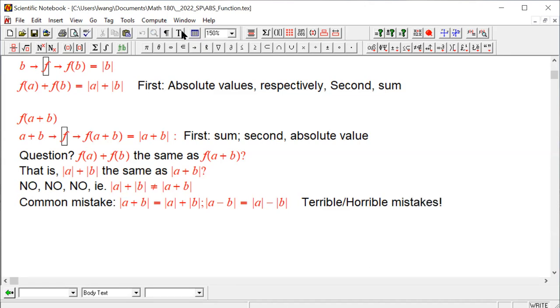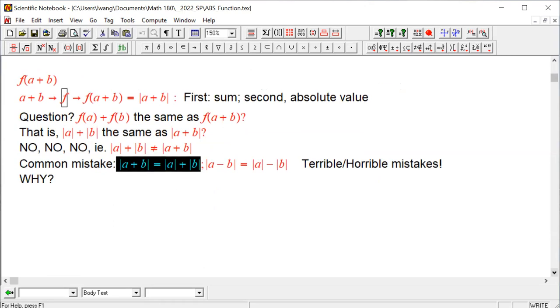I'm going to explain to you why. It looks so intuitive to do it, very, very intuitive, but yet, please don't do it. So why is this wrong? We talk about mathematical truths.